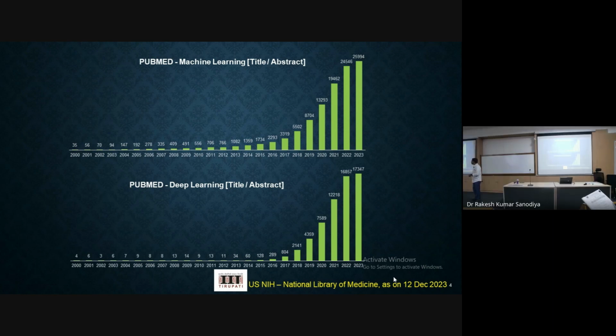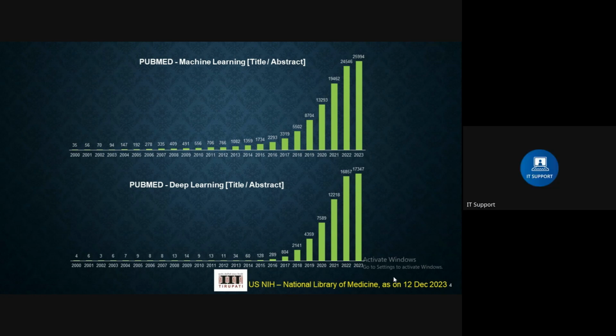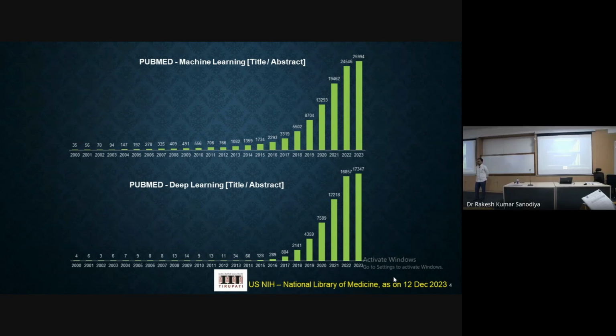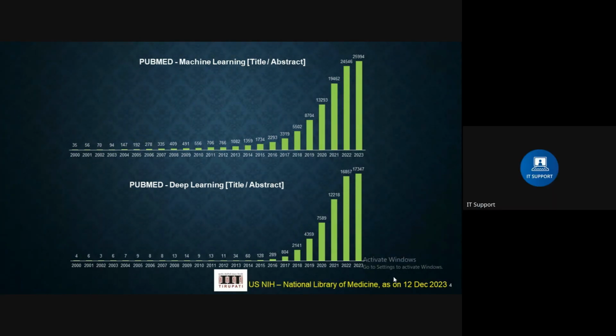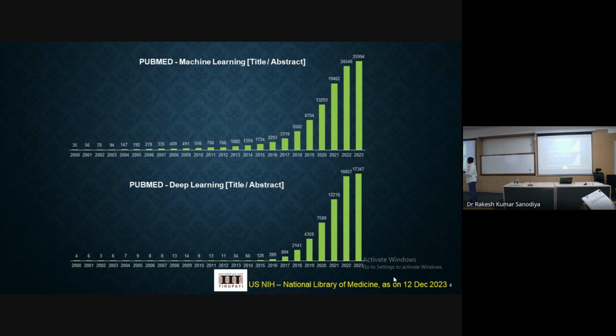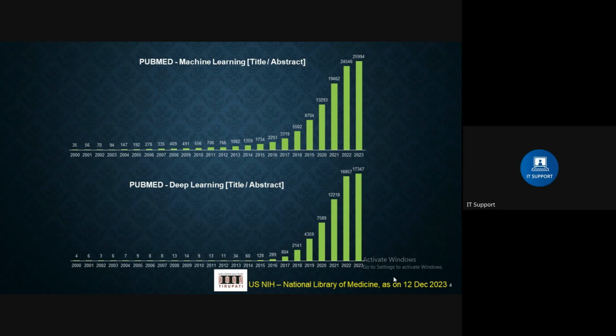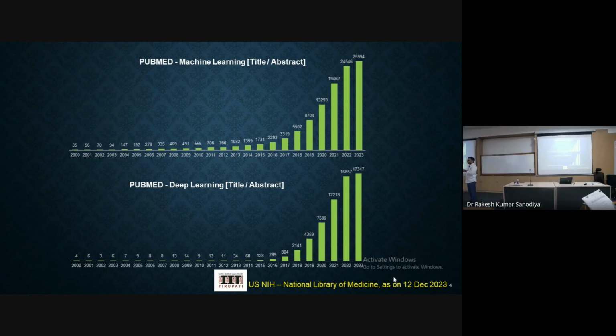You could see that from around 2010, for the last 14 years, machine learning has been there. And similarly, deep learning started around 2017. Another trend that you could see here is that the slope of publications is reducing. Hopefully it will become flat, which is not a bad thing to happen.